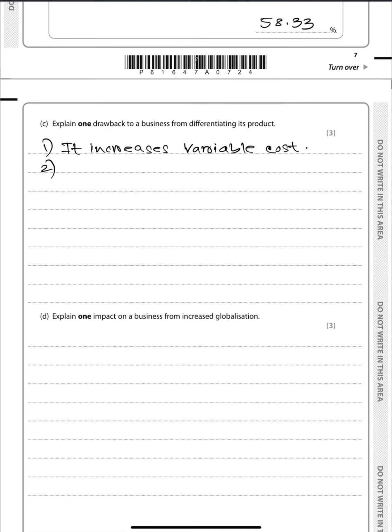So profits will decrease because an increase in cost means an increase in expense, and an increase in expense means a decrease in my profit. And moreover, we aren't really sure if the differentiation is going to work.